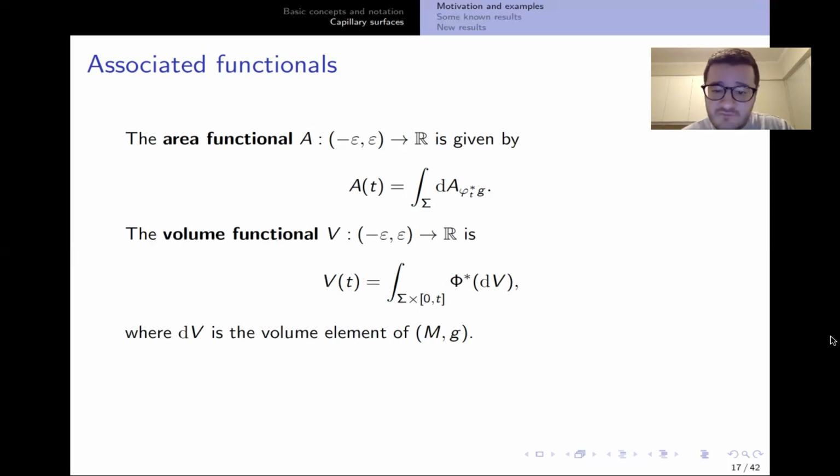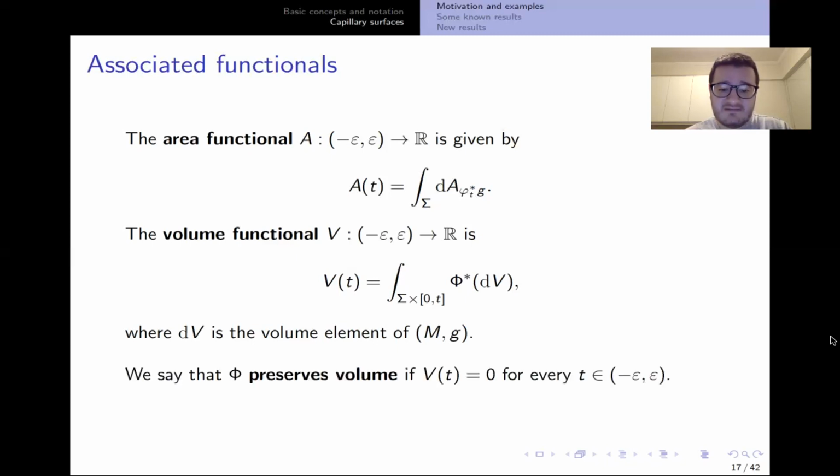And it's just this formula, the pullback of the volume element of M, and you integrate it in the product manifold. And we say that the variation preserves volume if V of t is equal to 0 for every t.